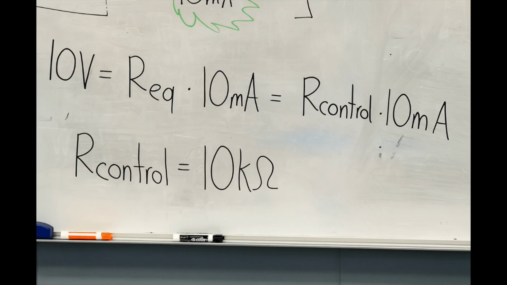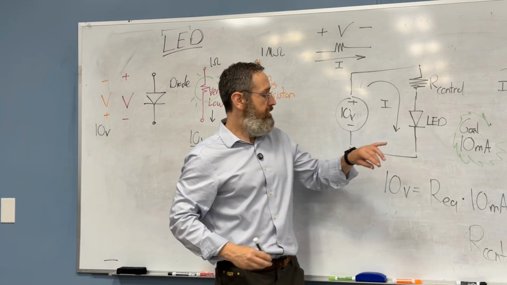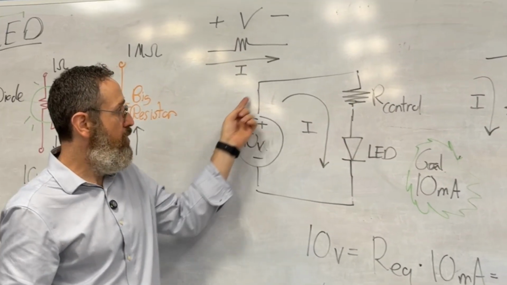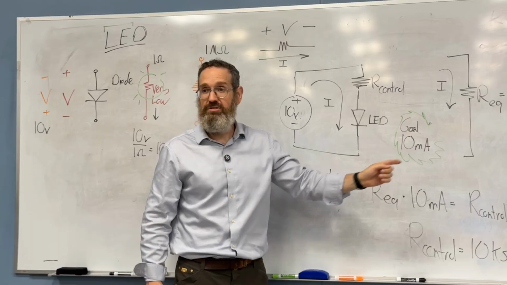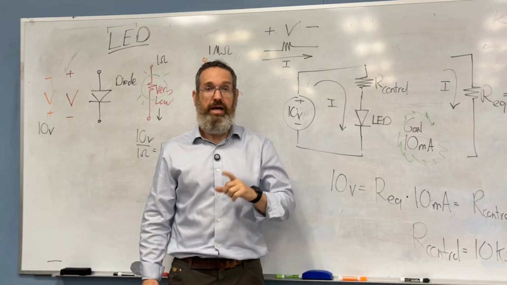And therefore, R control is equal to 10 kiloohms. By putting 10 kiloohms here, you will have 10 milliamps when you connect this. And if you do this, your LED will turn on and it will not blow up.